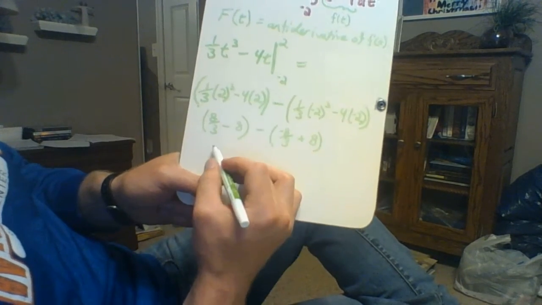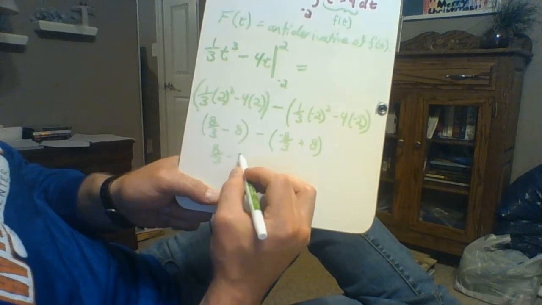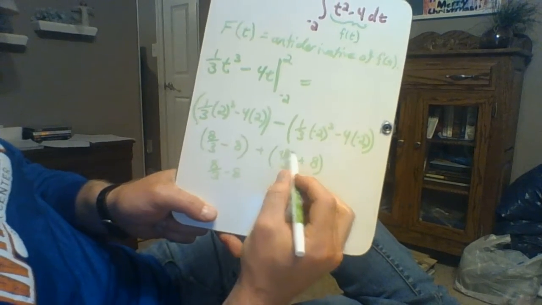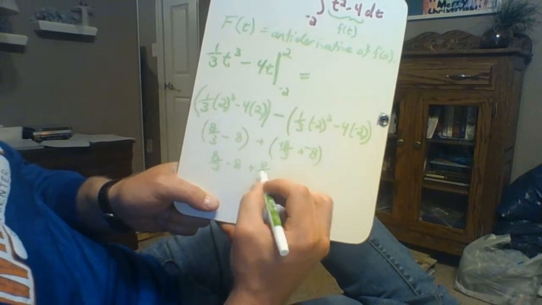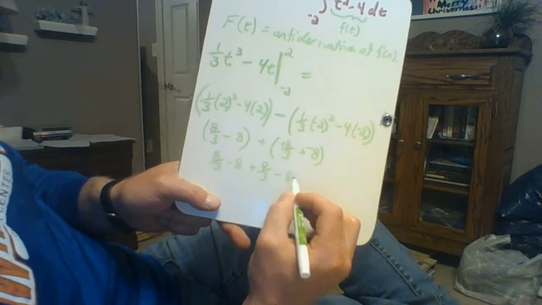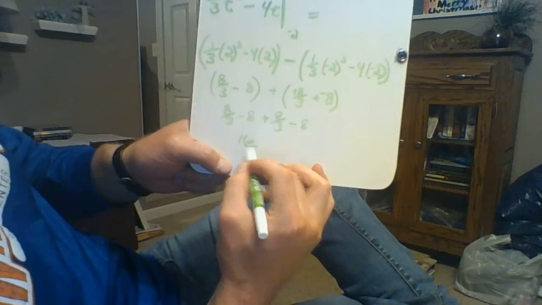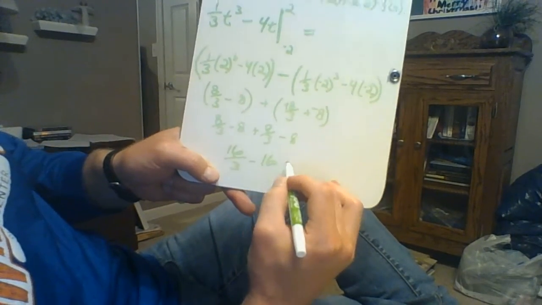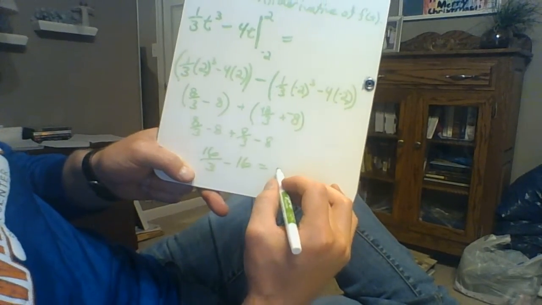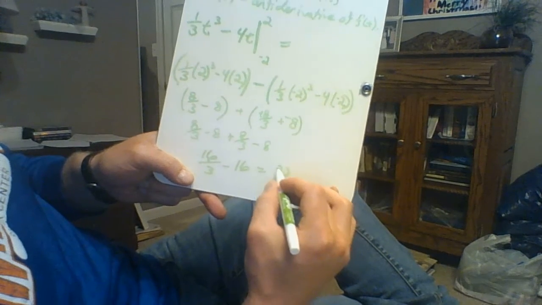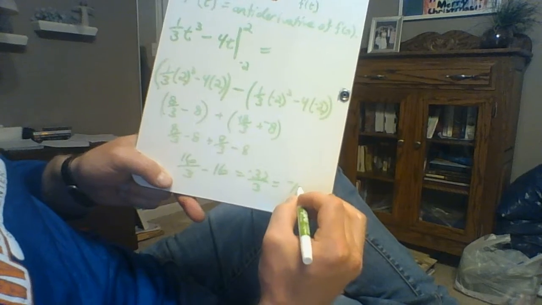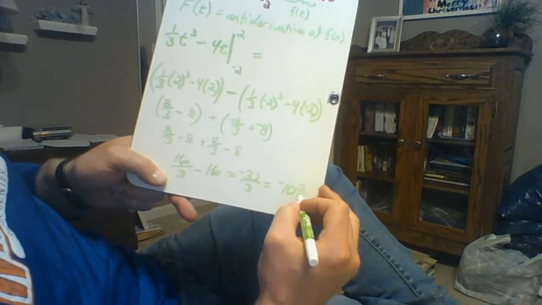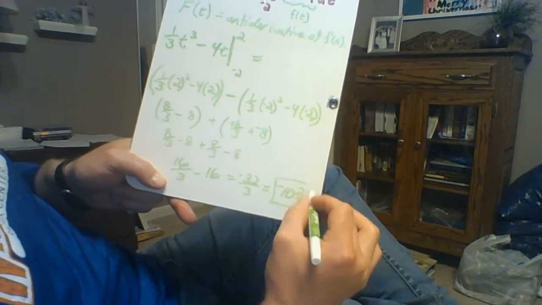I'm going to distribute through. So I have 8/3 minus 8 plus, so I distributed the negative through to both terms. So plus 8/3 minus 8. So I have 16/3 minus 16, which comes out to be -32/3, which is -10 and 2/3 of a unit.